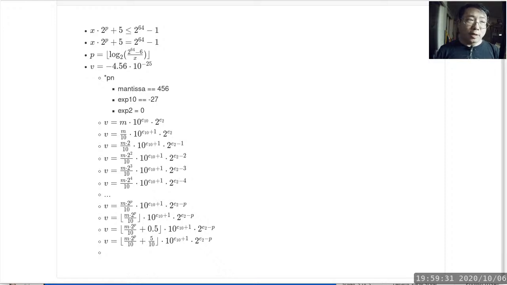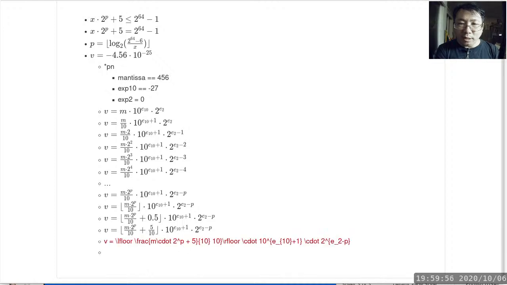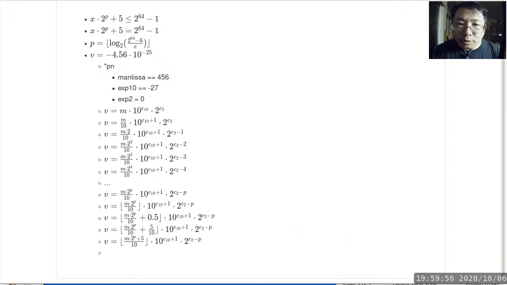That's why the humans need to do the math before the computer gets a chance to work on it. Since the denominator is the same for all the components of the addition, we can move the plus 5 over here and get rid of the 5 divided by 10, which is outside.